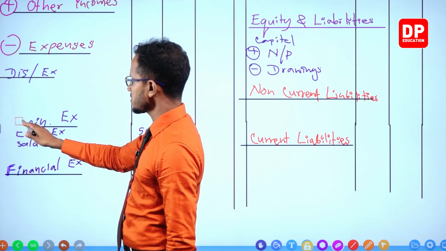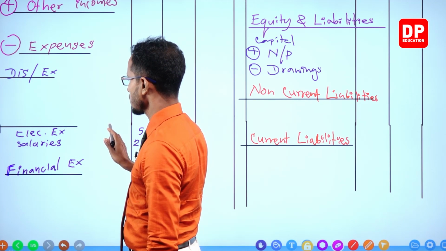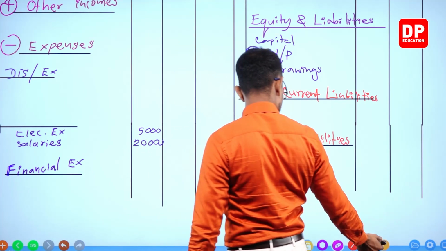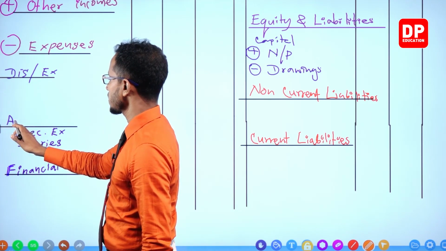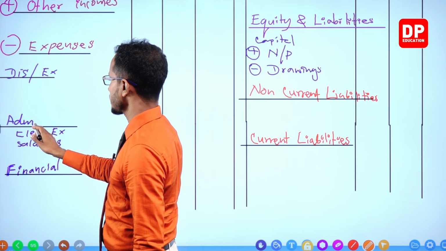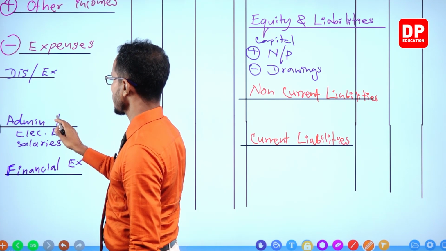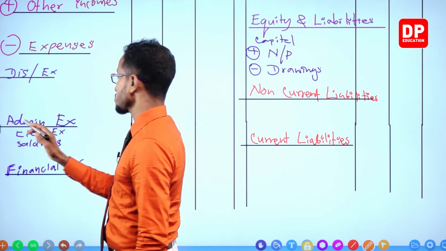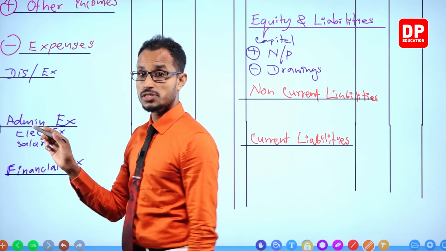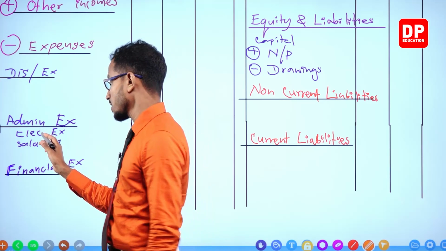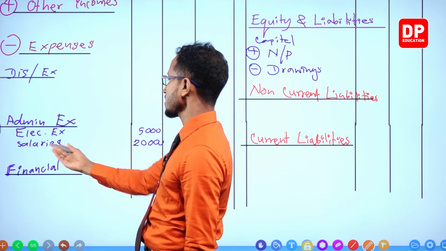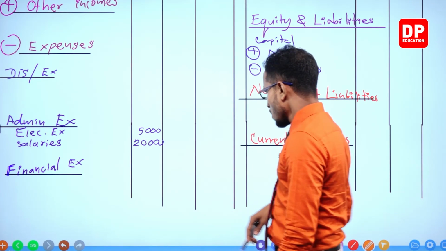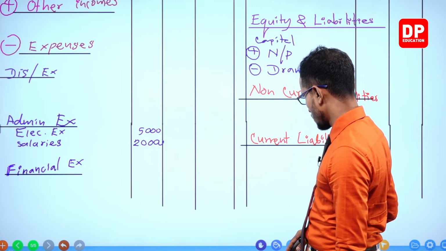Let me erase this admin and write it clearly like this. Admin means administration. Okay, this is a short form. Under that you get electricity expenses and salaries, 20,000. Here we are now.